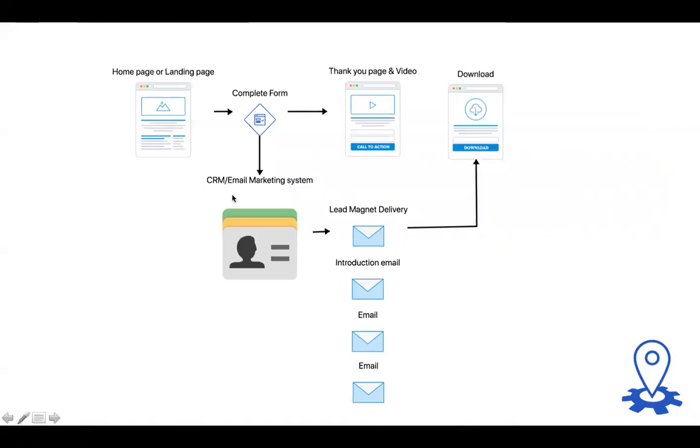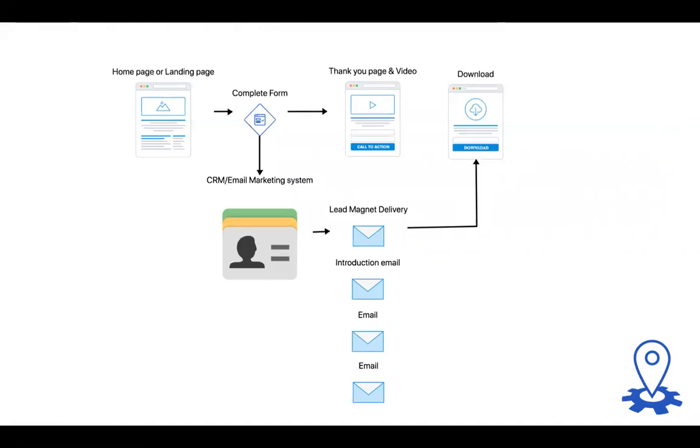At that point, an email is sent automatically to the email address that was given, typically giving them a link to a web page where they can download or get in one way or another a gift that you offer them.